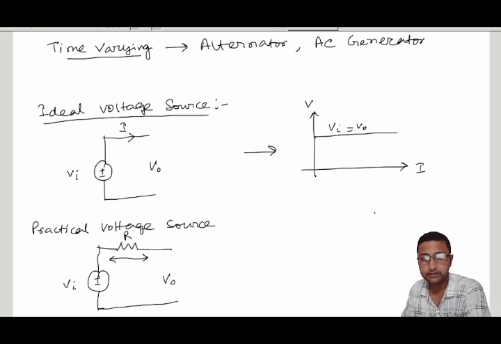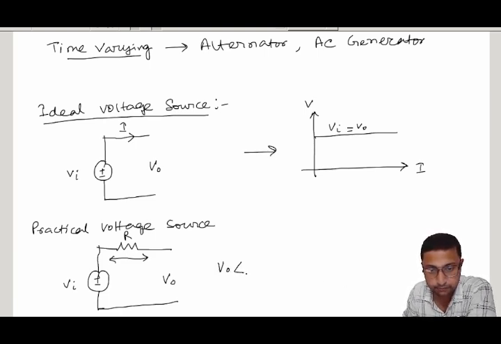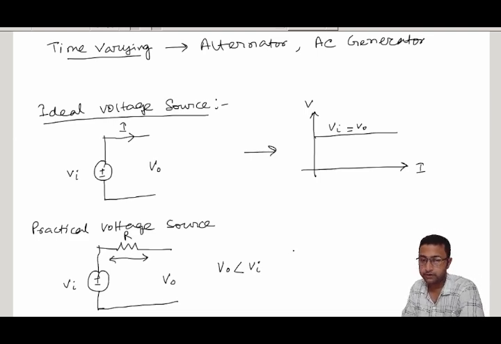This is the simple graph of the ideal voltage source. Whereas in the practical voltage source, V output is always less than V input, because there is some voltage drop across the series resistance.